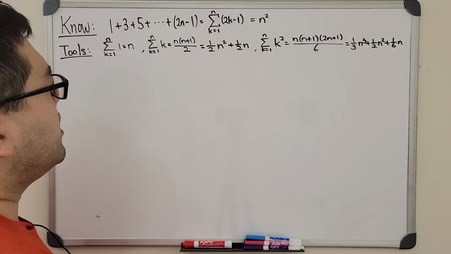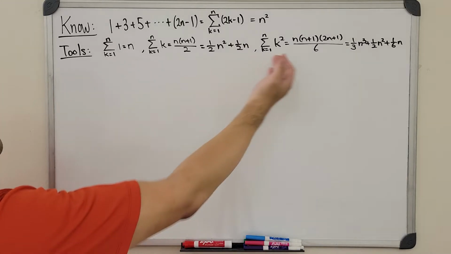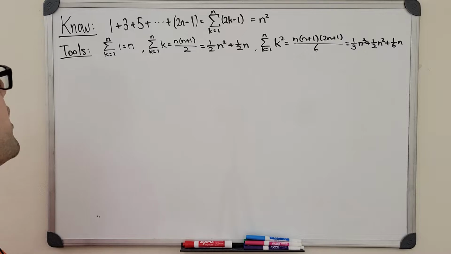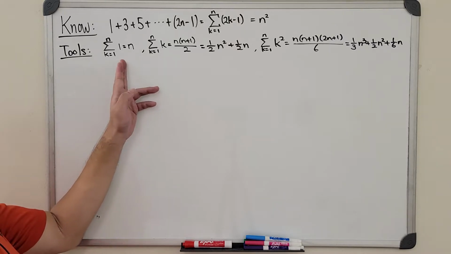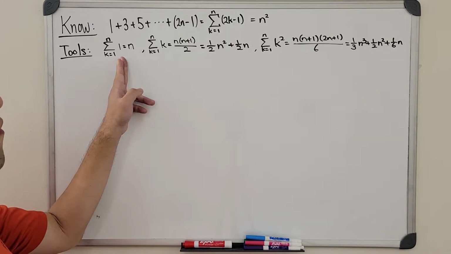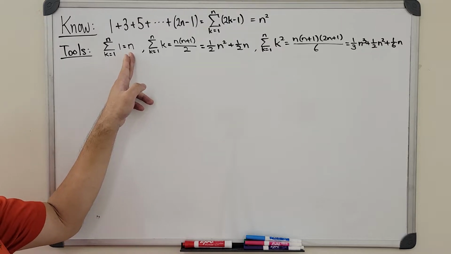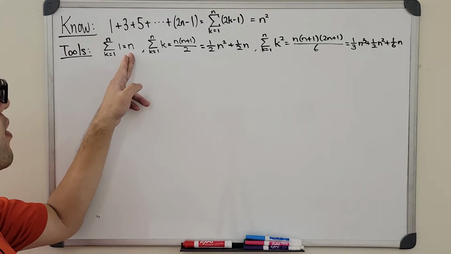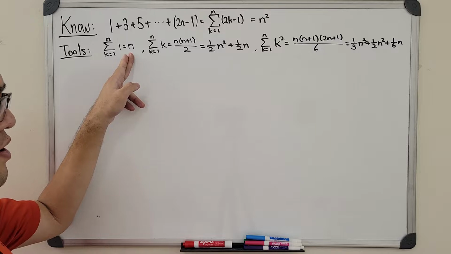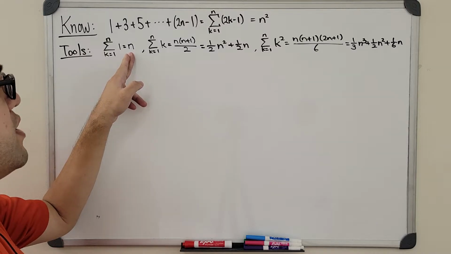And also we have the three tools that we have here. The first is the sum of the first n terms of 1, which is equal to n, which makes sense because we're just adding n copies of 1s together.